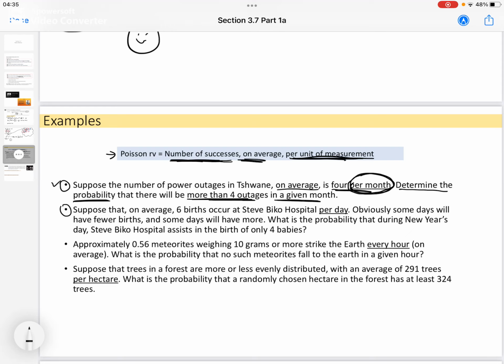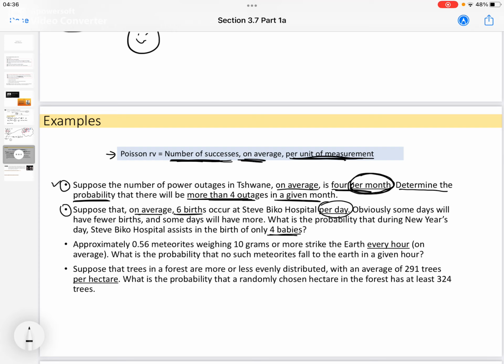example says, suppose that on average 6 births occur at Steve Biko Hospital per day. So in 24 hours, we have on average 6 births. Obviously some days will have fewer births and some days will have more. Then what is the probability that during New Year's Day, Steve Biko Hospital assists in the birth of only 4 babies?